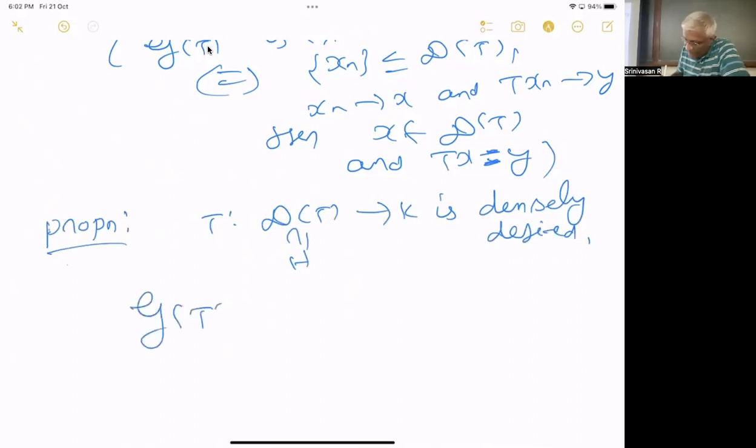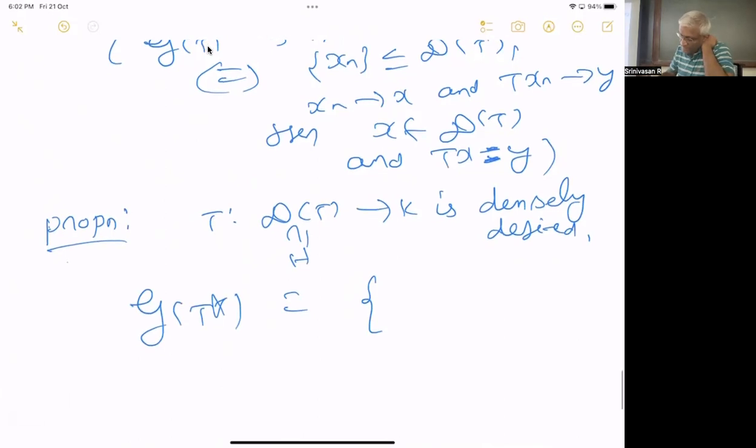Then the graph of T star is nothing but: you take the subspace {(Tx, -x) : x in the domain of T}, then you take the orthogonal complement of this. That is the graph of T star.